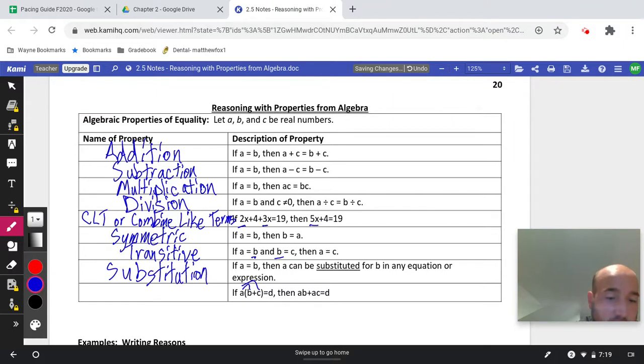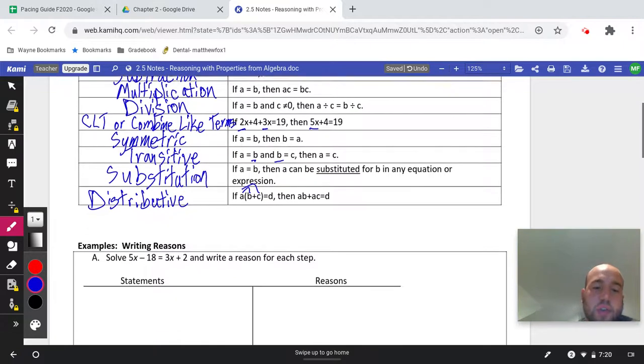So distributive or distribution. So the distributive property. All right, now, those are our different properties that we're going to use.